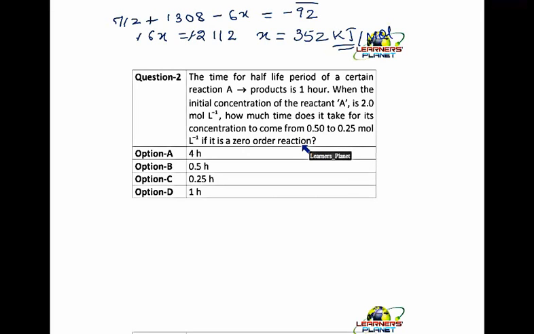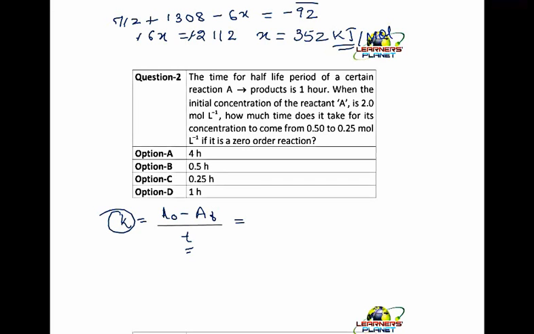So students, what is the equation for a zero order reaction? It is K is equal to A0 minus At, divided by the time. Now here, do we know K?